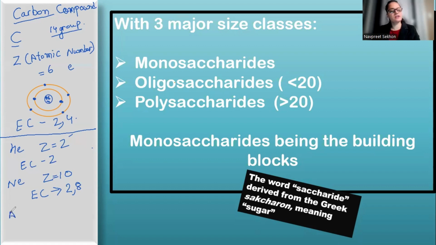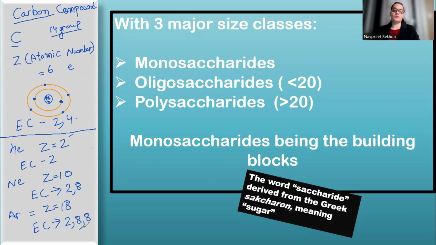Then the third case is that of argon, whose atomic number is 18. Its electronic configuration is going to be 2, 8, and we are left with 8 more electrons.